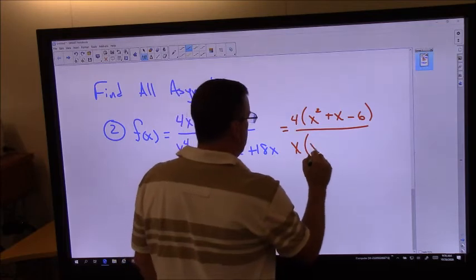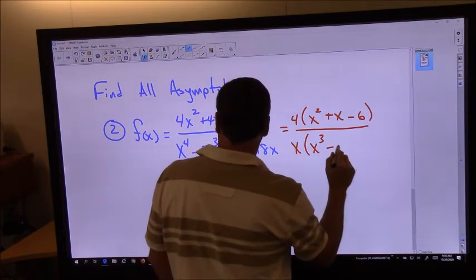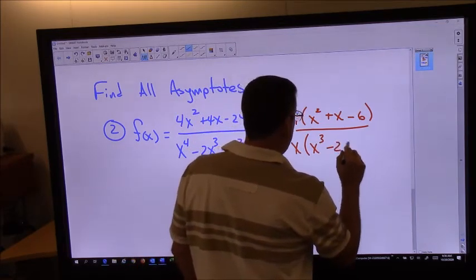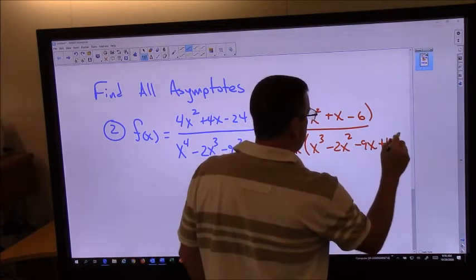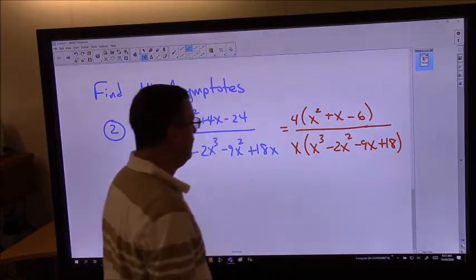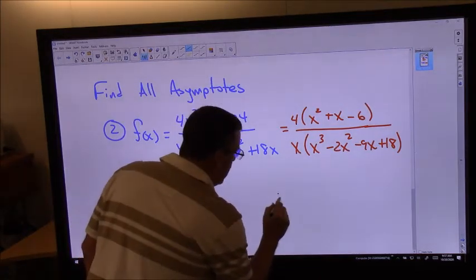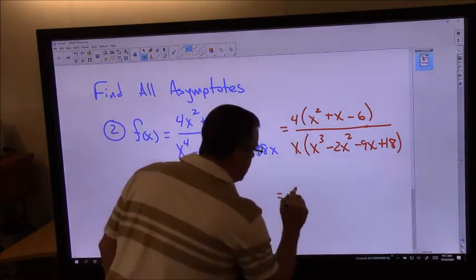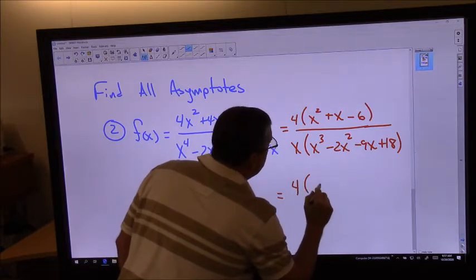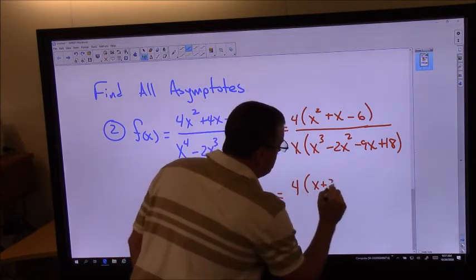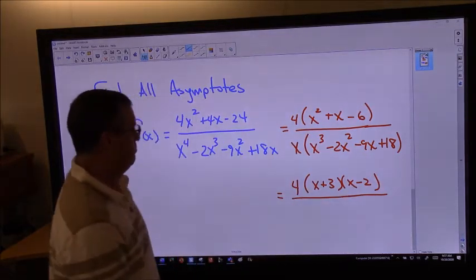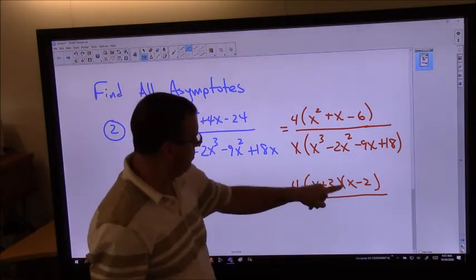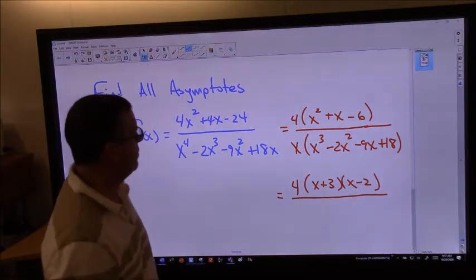And so I've got x cubed minus 2x squared minus 9x plus 18. And so now I've got to factor that, so I've got 4 times, let's see, x plus 3 times x minus 2. That'll give me a negative 6 here, and 3x minus 2x, that'll give me a positive x in the middle.